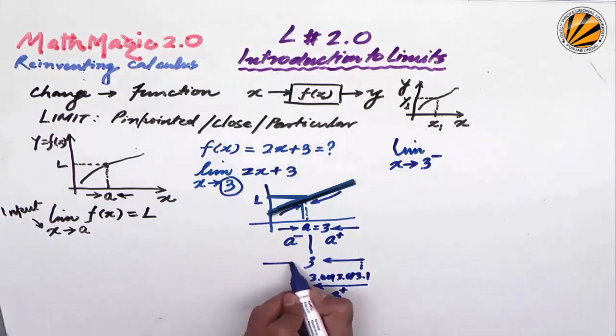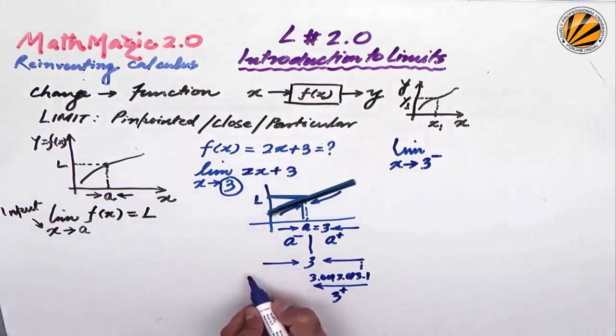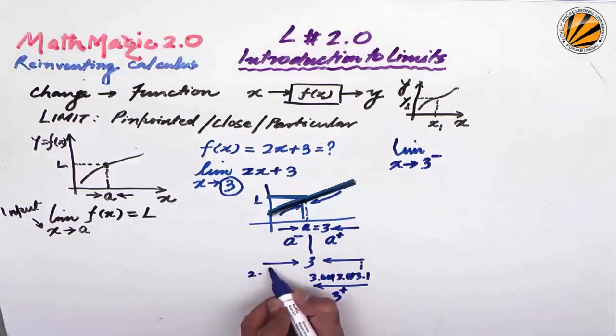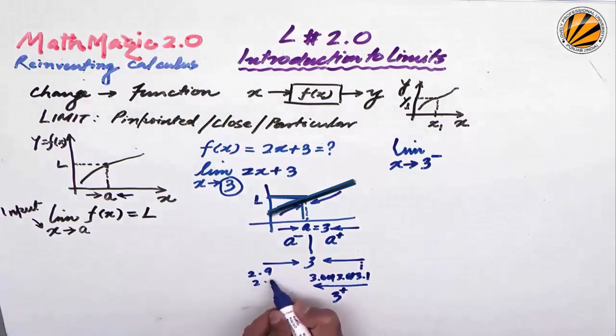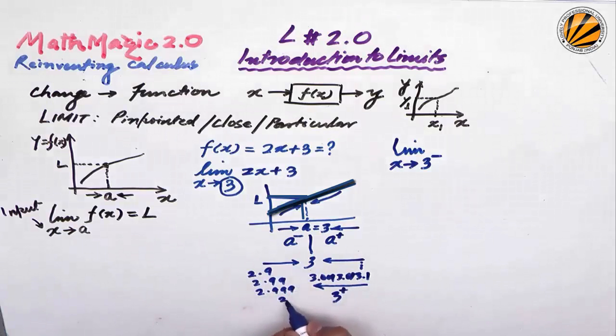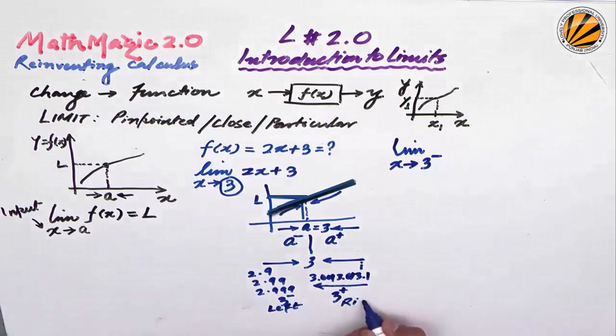If it is from this side, then it will be approaching from 2.9 to 2.99, 2.999, wherein this is depicted by a superscript minus. This is known as the left hand limit, and this is known as the right hand limit.